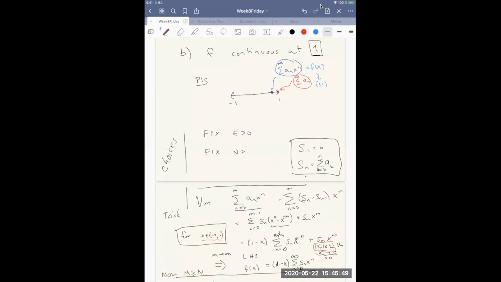So let's do these. We'll fix L such that the sum from n equals 0 to capital N of a_n is all bounded by L for all n. Let's use a different index: S_n is the sum of a_k.